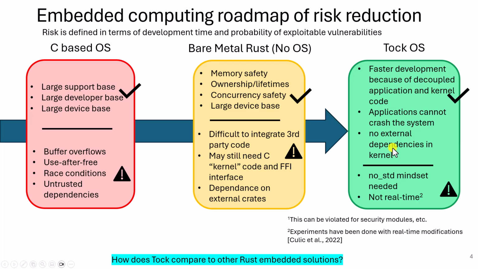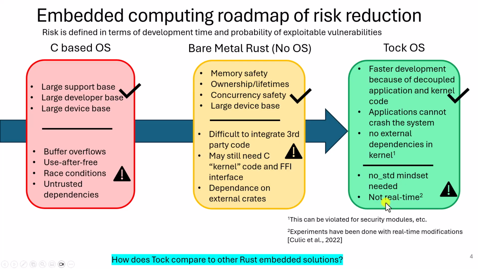Now, there are risks with everything, and one of the risks with Tock is that one needs to have a no standard library mindset. So no heap, not doing heap allocations, not using standard library API calls. Another one is that Tock isn't real time by default.